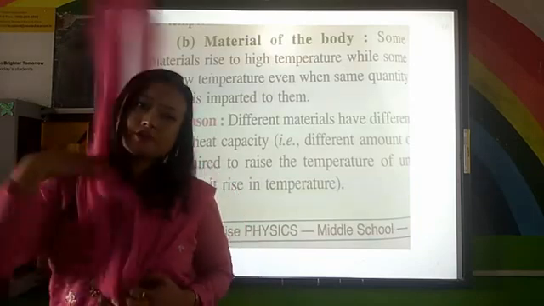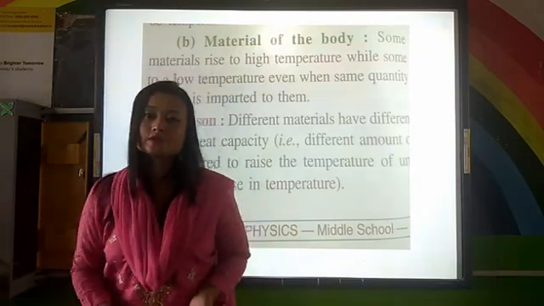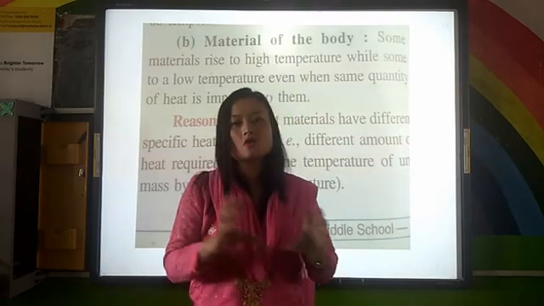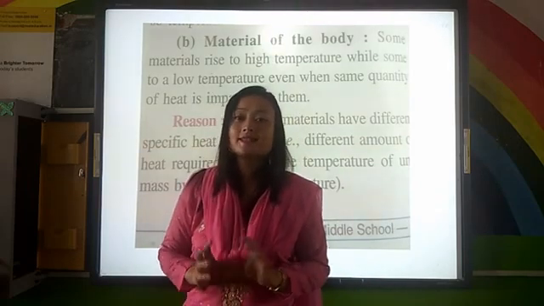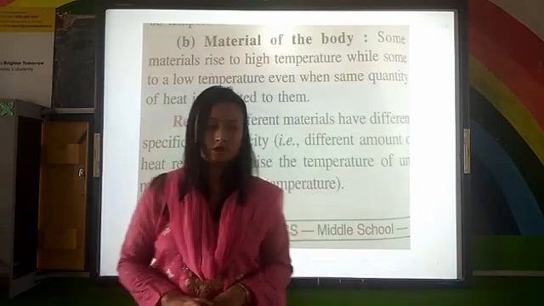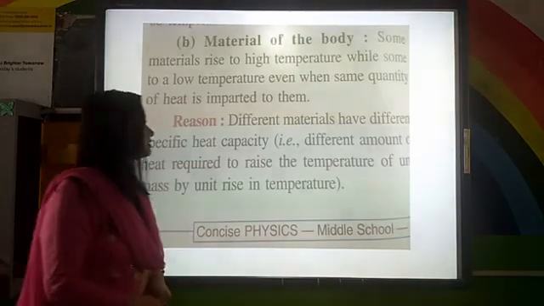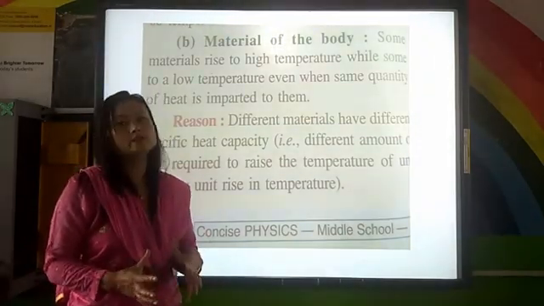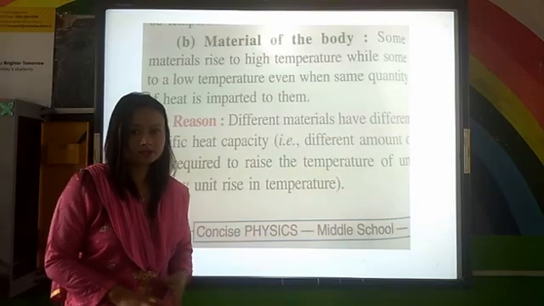Another one is the material of the body. The first one was how much heat is supplied to the body or how much heat is taken away from the body. The second factor which affects the temperature because of heat is the material of the body. It depends upon the kind of material that we choose to supply heat to.